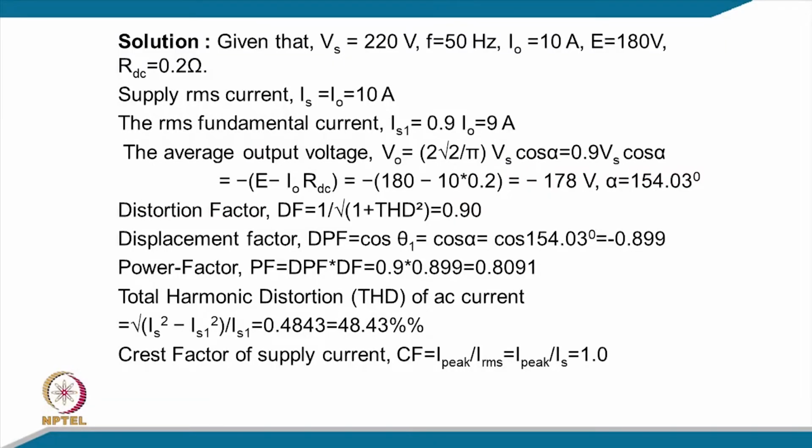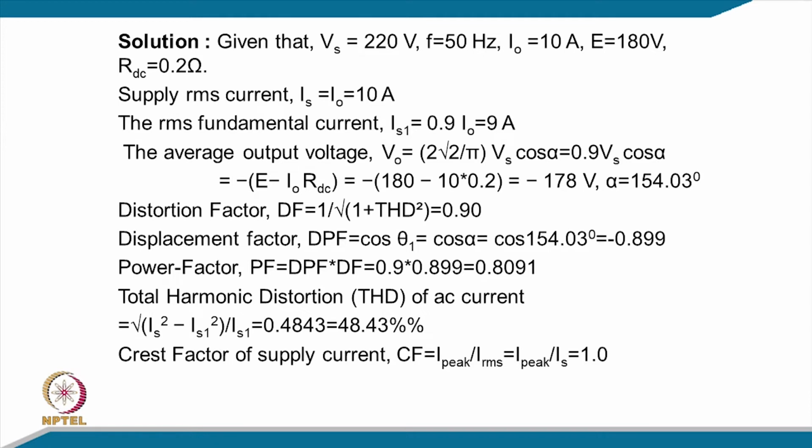Coming to the numerical part of it, given that Vs equal to 230 volt, f equal to 50 hertz, I0 is 10 ampere and E equal to 180 volt and resistance 0.2 ohm. So, our supply RMS current will be like a square wave, the same as the DC side current, which comes to about 10 ampere.